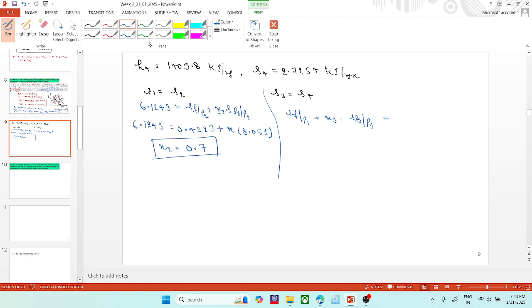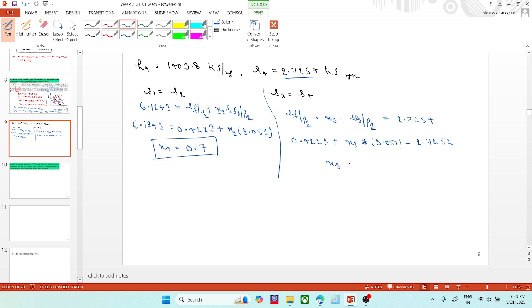Keeping the same sign convention, this is the pressure 2. And the S4 value we have just written here is 2.7254. So this value is 0.4223 plus x3 into 8.051 equals 2.7252.